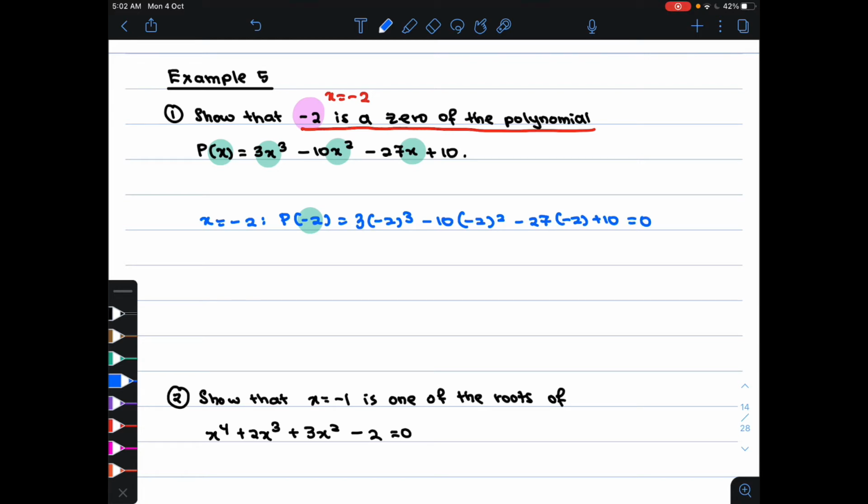And you can see that p(negative 2) is equal to 0. So you can make your conclusion. Since p(negative 2) is equal to 0, therefore, x plus 2 is a factor of p(x).